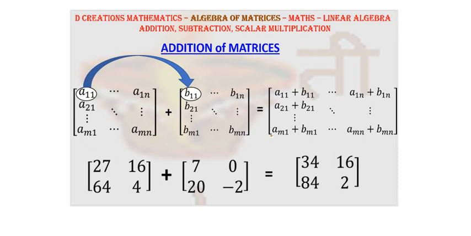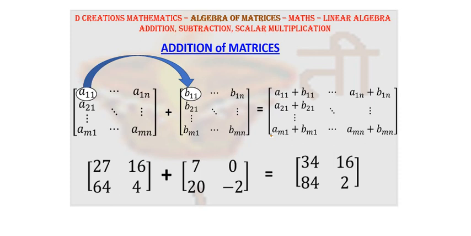This could be matrix A and this could be B. When you are adding these 2 matrices, what you essentially need to do is add the corresponding elements. So A11 has to be added to B11 to give you the net element A11 plus B11, and so on and so forth. This will happen for each and every set of elements.